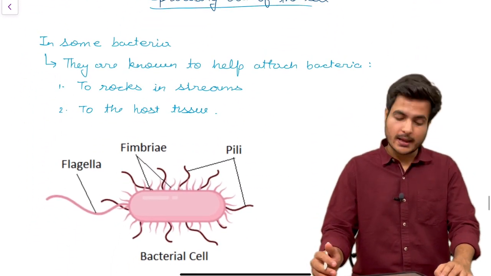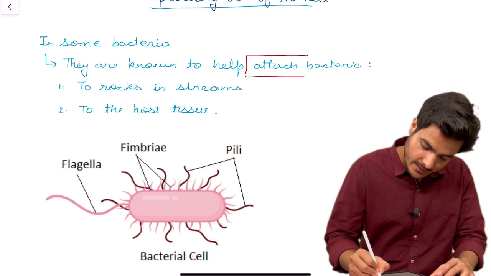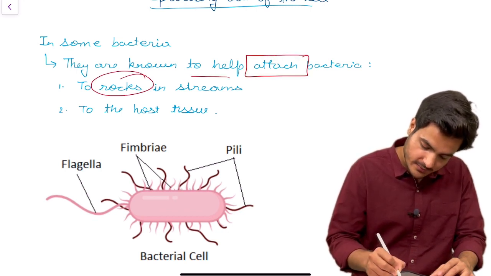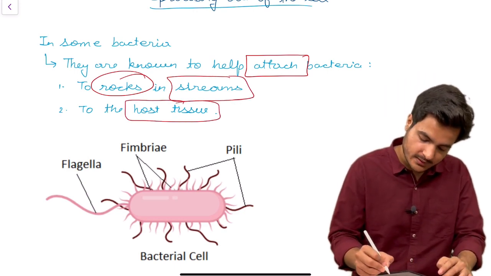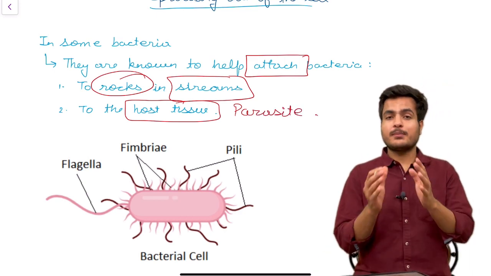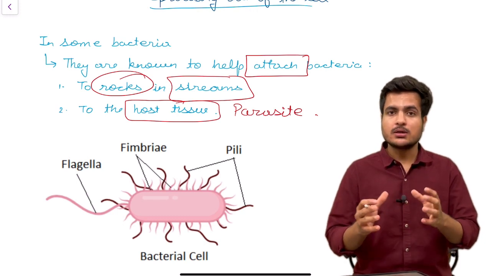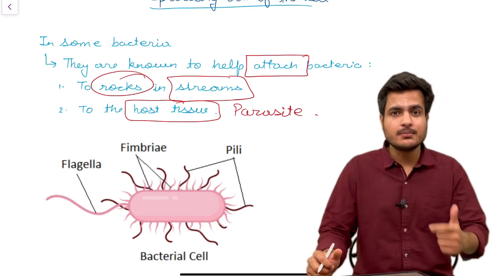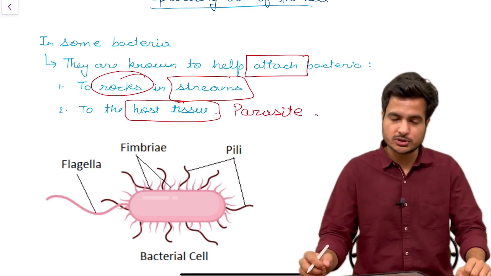In some bacteria, they are known to help attach the bacteria to rocks when they are in streams of water, and to the host tissue when the bacteria act as a parasite. So pili and fimbriae have a role of attachment of the bacteria to the rocks when they are present in a stream, and to the lining of the organs when they are in host tissue.